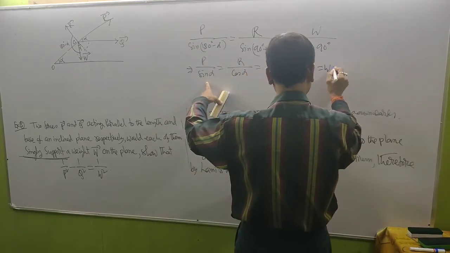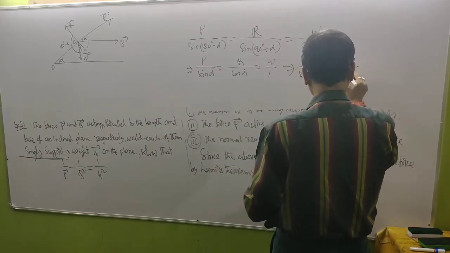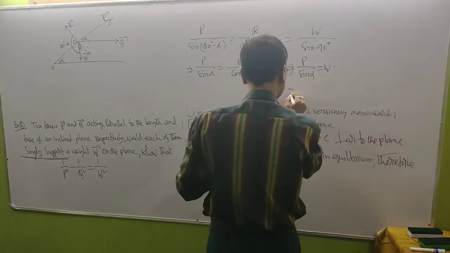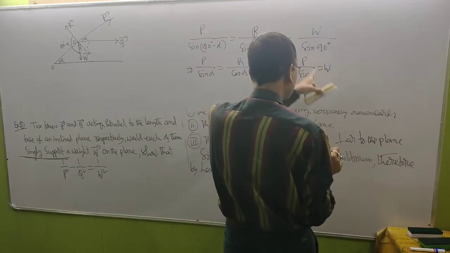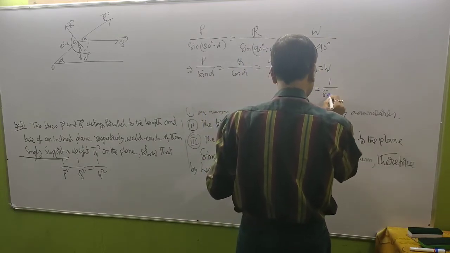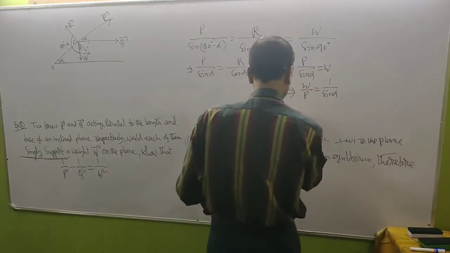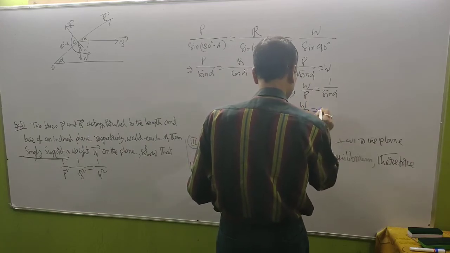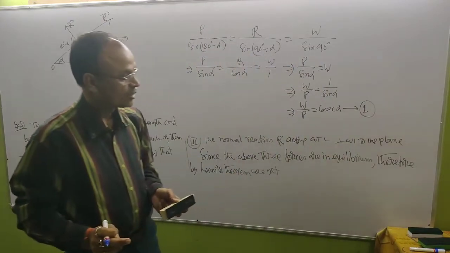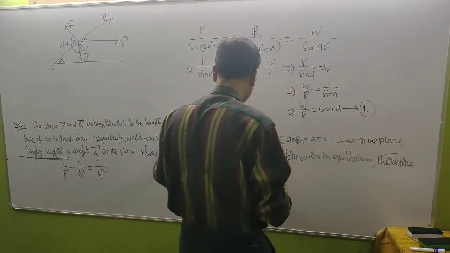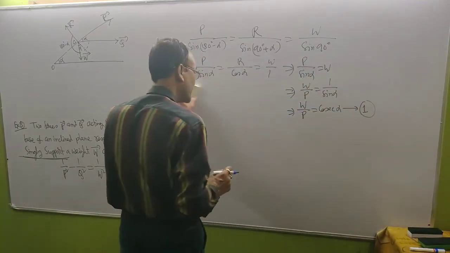Therefore P by sin alpha is equal to W. So W by P equals 1 by sin alpha, that is W by P equals cosec alpha. Suppose this is number 1. Case 1 we have discussed.